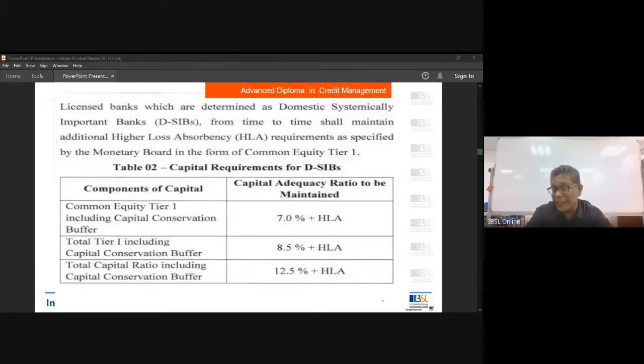I want to tell you that it doesn't mean your bank is not important, right? Why did they identify these as systemically important banks? Because those banks basically represent around 55% of the asset base. So these are identified by the central bank as domestically systemically important banks.